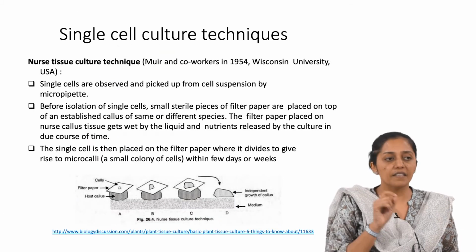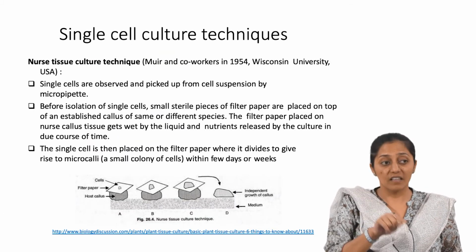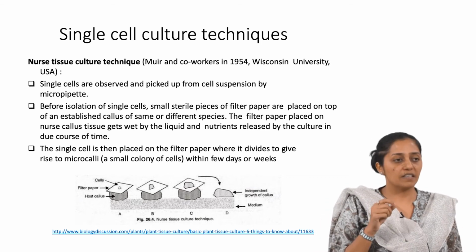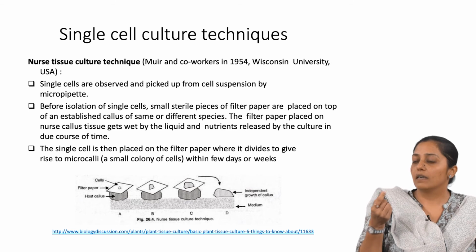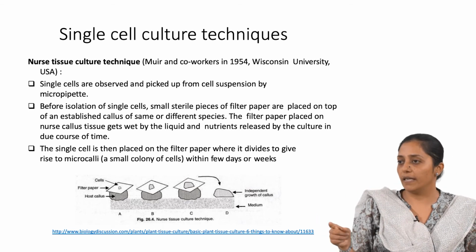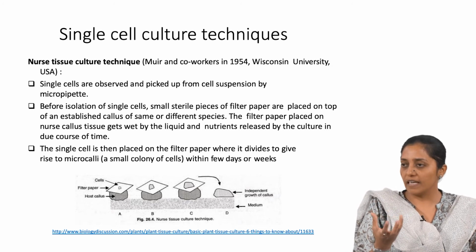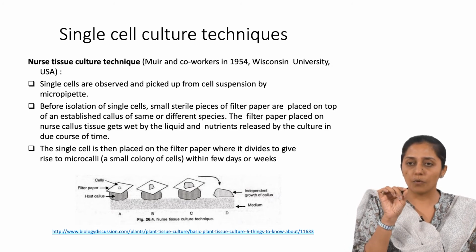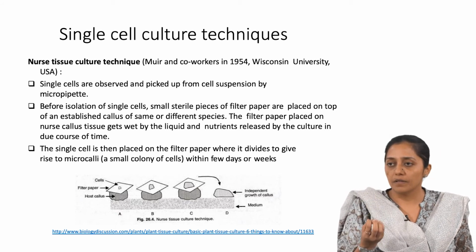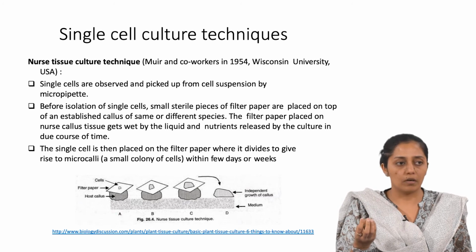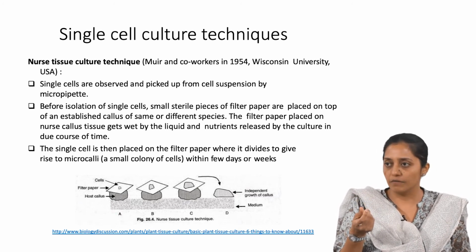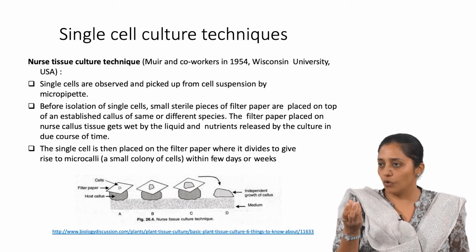And when I say nurse tissue culture, there is a nursing tissue involved. So, in this technique what is done is, you take a small piece of a callus of the same variety or of a different variety, and put it in a sterile petri dish, and put a small sterile filter paper on top of it, and the metabolites or the liquid which gets released by this fresh callus which is nursing will wet the tissue on top of it.